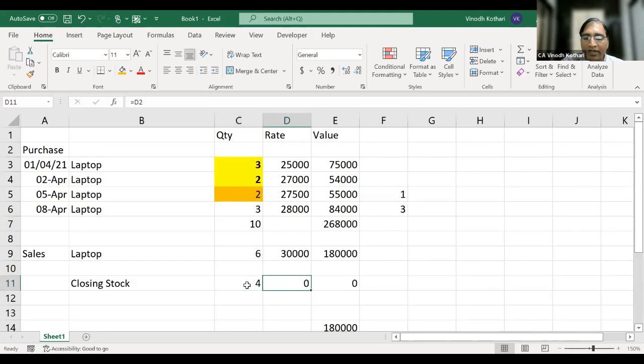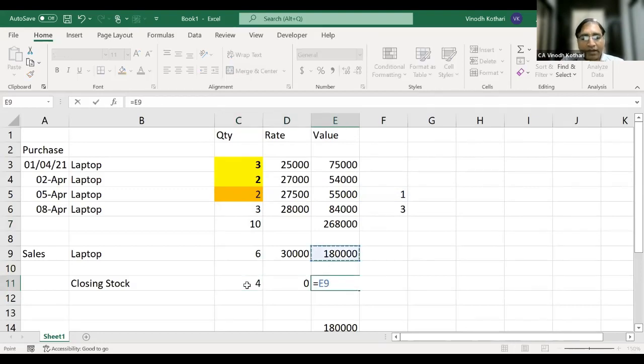To calculate the price, 1 laptop into 27,500 plus your second stock value, 3 laptops into 28,000 rupees. So this is your closing stock value.